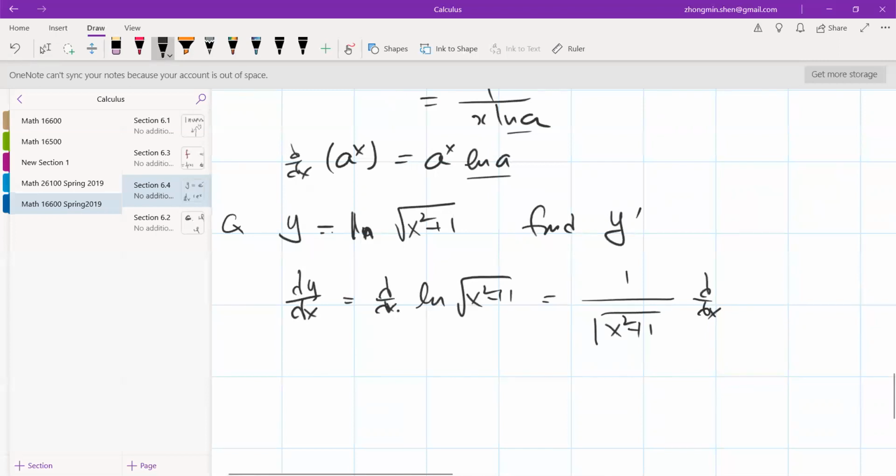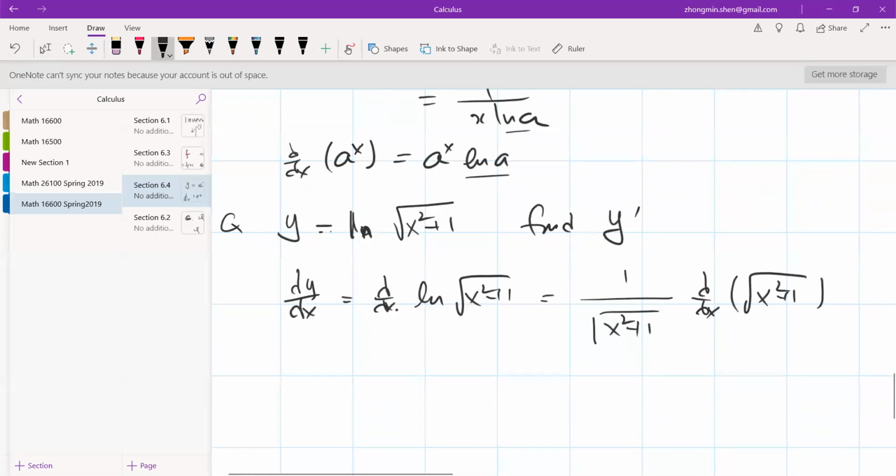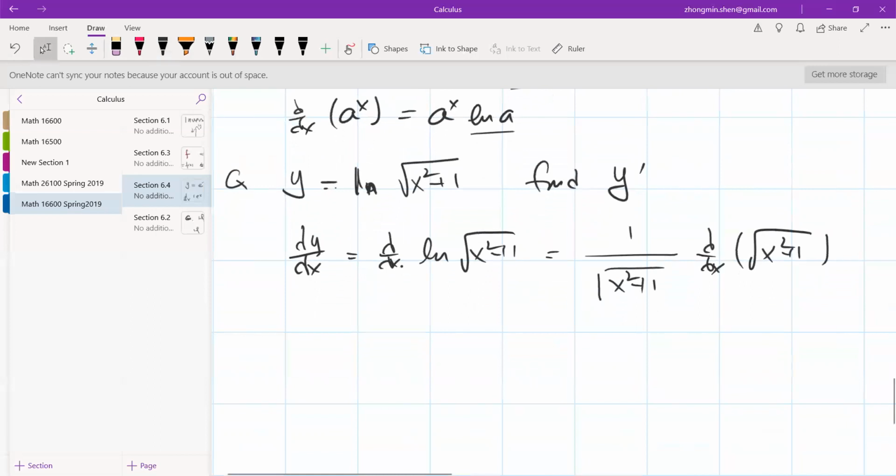Then you have to differentiate the square root of x squared plus 1. I don't think this is the best way to solve the problem. You should modify the function so that you can easily find the derivative. This is still a correct way, but that's not the best way to do it. So we will try different ways.